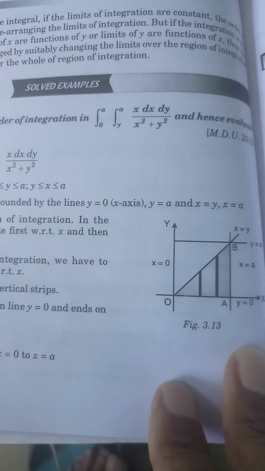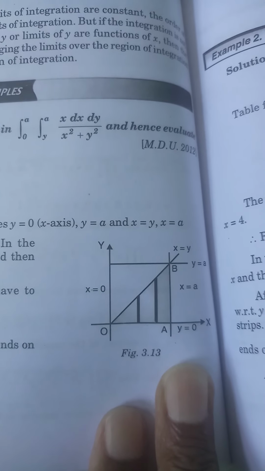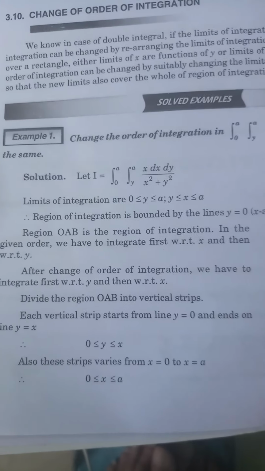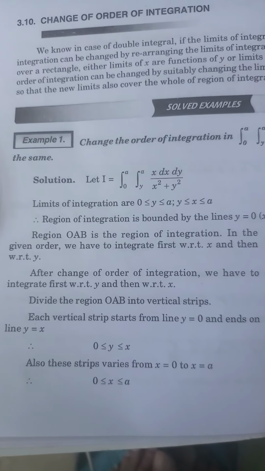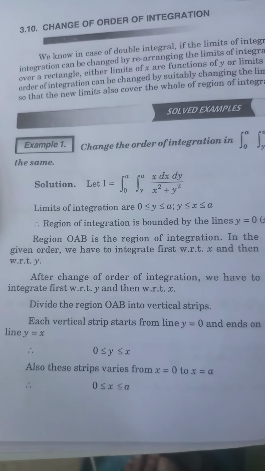y = 0, and ends on y = x. Each vertical strip starts from y = 0 and ends on the line y = x.